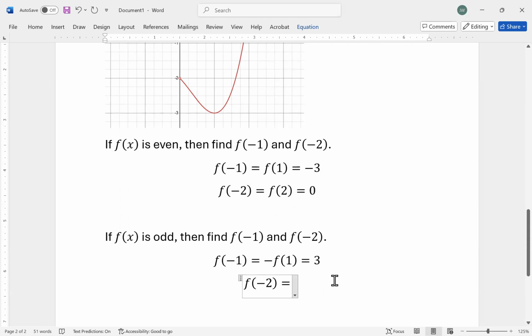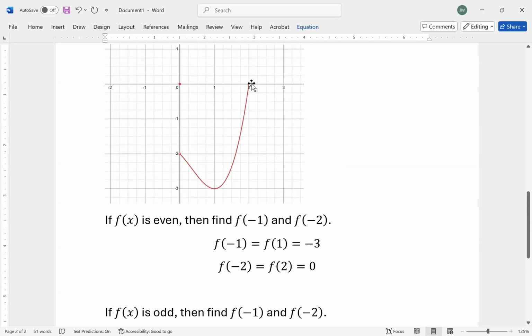Interestingly enough, if f of x is odd, when I plug in -2, I get the negative of f of 2, which is the negative of 0, which is just 0. So notice that reflecting through the origin and reflecting across the y-axis gives me the same thing when I'm on the x-axis.